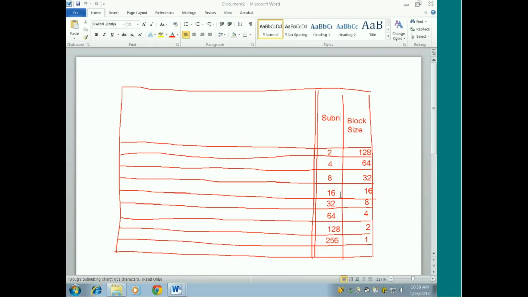This column is called my subnets column. It's also known as my networks. That number references how many subnets or how many networks I have per block size. This value times this value is always going to equal 256.